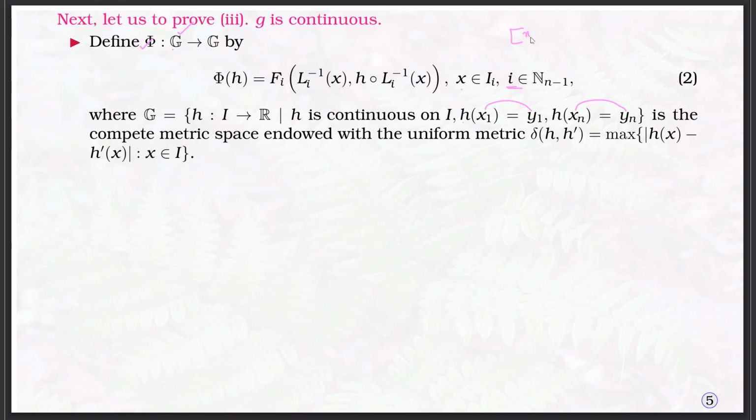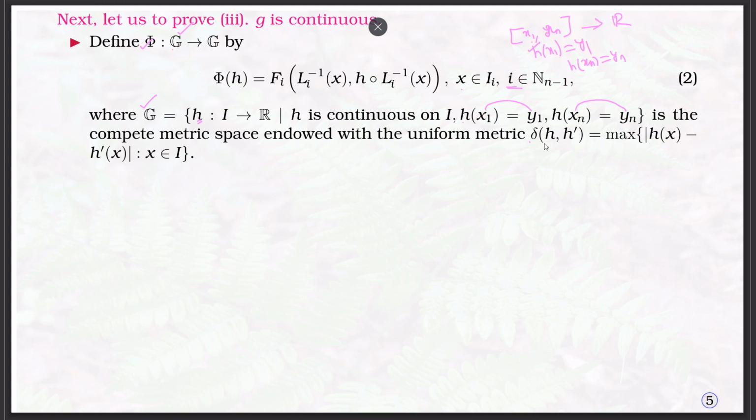If you take x_1 and x_n, this is a function from I to R such that h of x_1 gives y_1 and h of x_n gives y_n. The function h is a mapping from the closed interval [x_1, x_n] to R. Finding all such functions, we put them in G. G is a complete metric space endowed with the uniform metric.